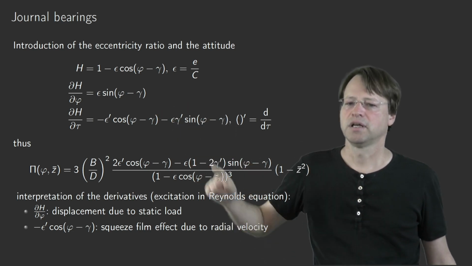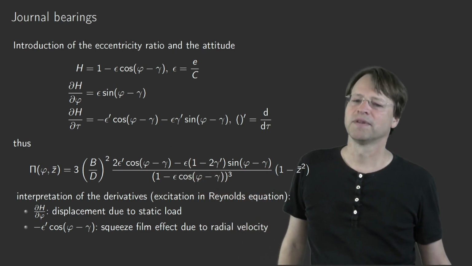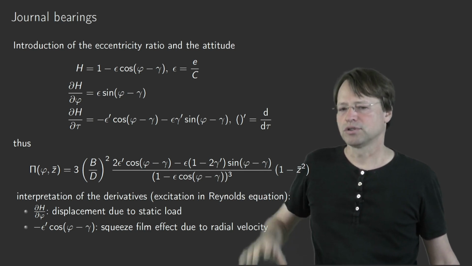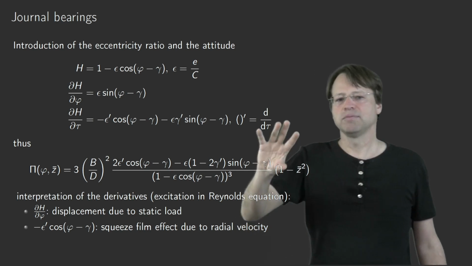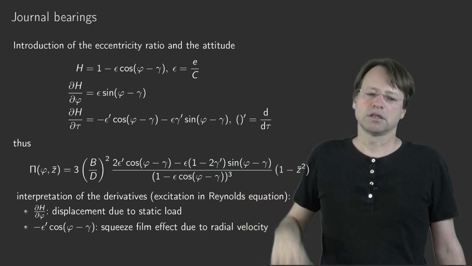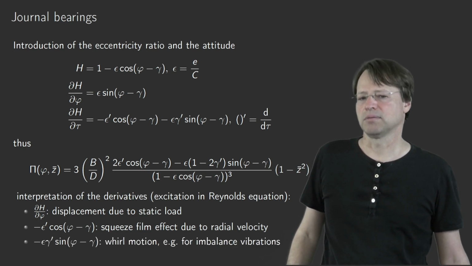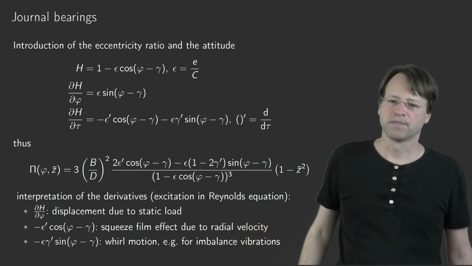That first part, and it is seen here. It is doubled, that part. And then you have an influence on the circumferential direction, which is then due to some kind of time dependence in the circumferential motion, and that's called a whirl motion. So it's important, for example, in balance vibration. So this would be the third influence here.